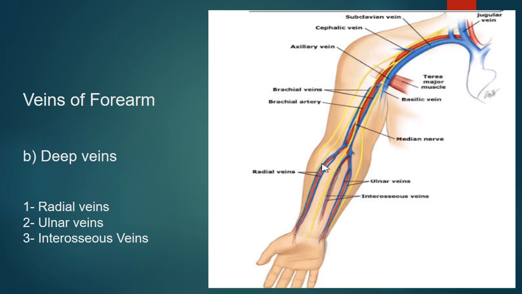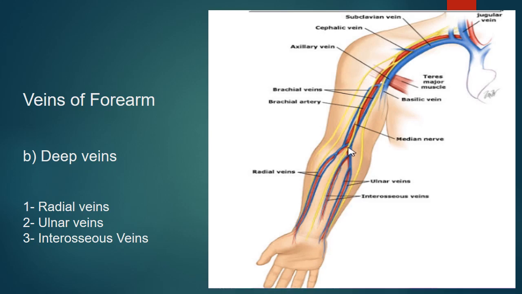As you can see here, this radial artery has two corresponding veins, and the ulnar artery also has two corresponding veins. The deep interosseous veins, this one, accompany the interosseous arteries. They unite with the accompanying veins of the radial and ulnar arteries.